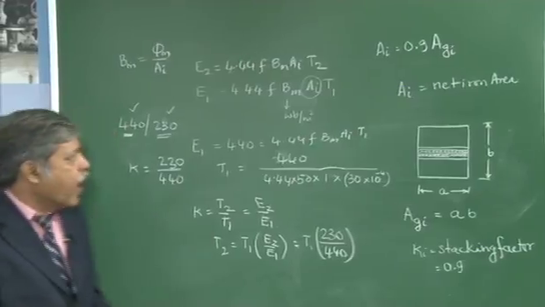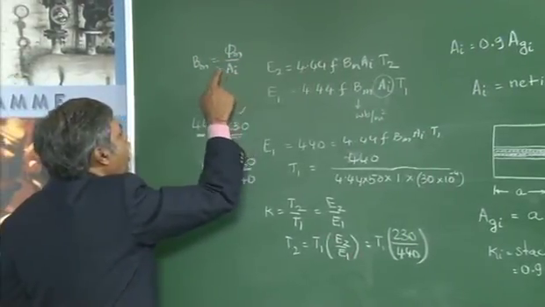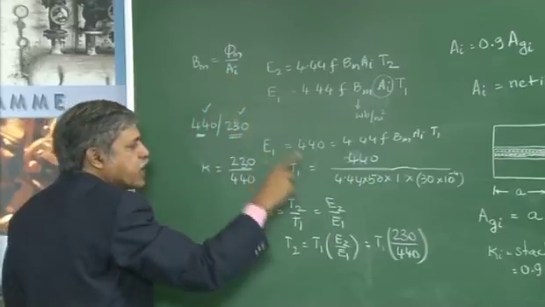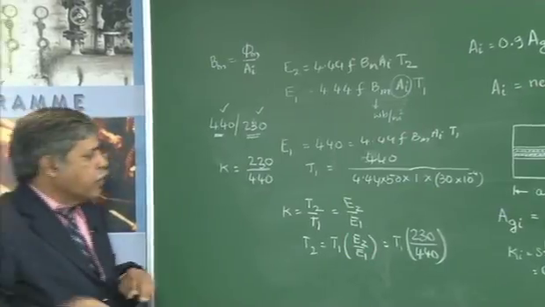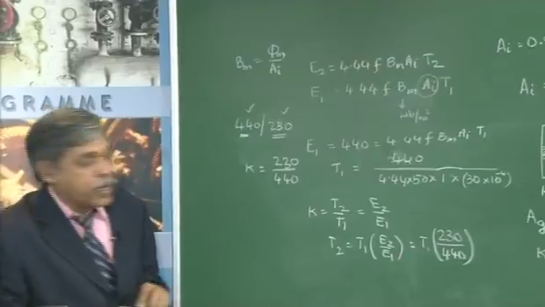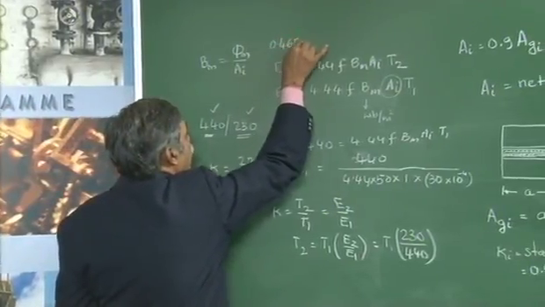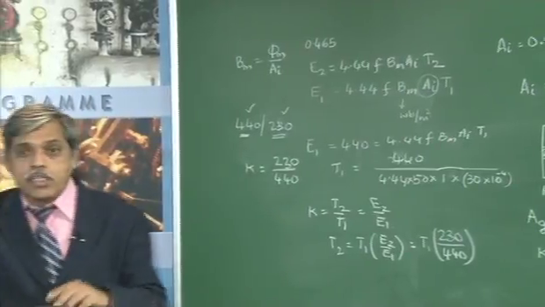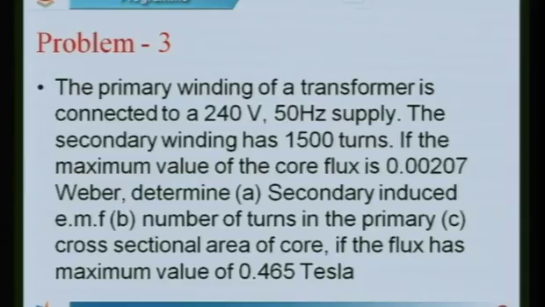Now, if I divide the flux by the net area, that is the actual iron area, I will get the flux density. Now, in the problem he has given that the maximum value of the flux is 0.465. Okay, I think there is a small mistake in this problem actually.